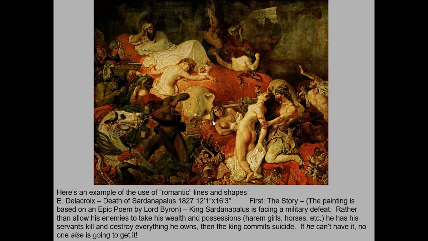So he has all of his harem women slain. He has his horses killed. He's got his treasures burned, all of this so that no one else can get their hands on what belongs to him. So clearly he's making a negative moral choice. We're supposed to kind of sit in judgment on him. But you get the feeling of the increased tragic drama that's very, very common to Romantic style painting, and that story is told beautifully through all these incredible curving forms.